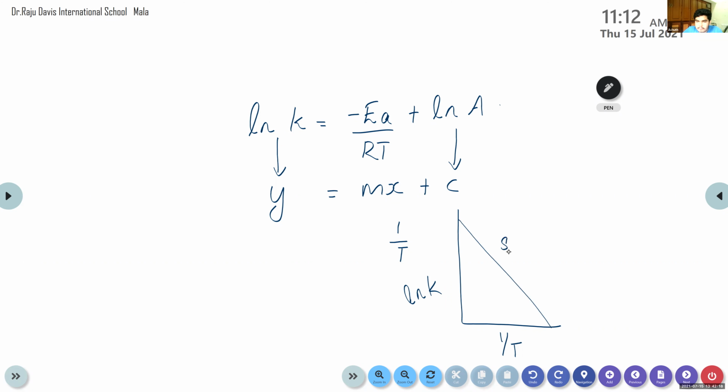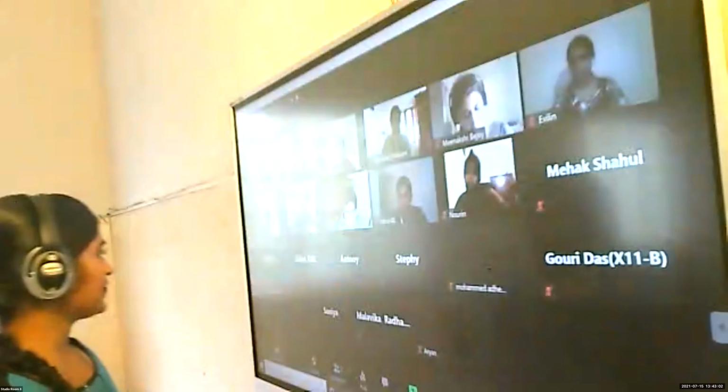From this graph, the slope is obtained as minus Ea by R, and the y-intercept is ln A. So there is confusion about which equation we are equating with the equation of a straight line: ln K is equal to minus Ea by RT plus ln A. Clear now?